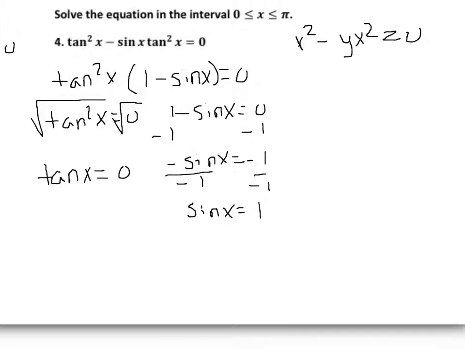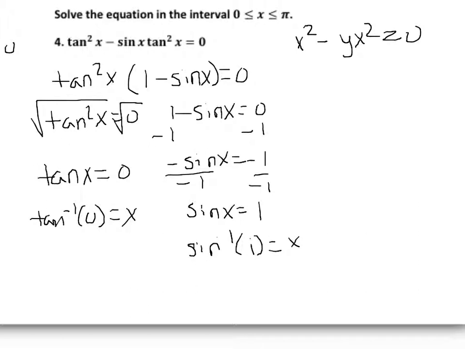So now we have to do the inverses. So you do inverse tangent of 0 equals x. Inverse sine of 1 equals x. Now remember, we are restricted between 0 and pi. So between 0 and pi, where does tangent equal 0 at?